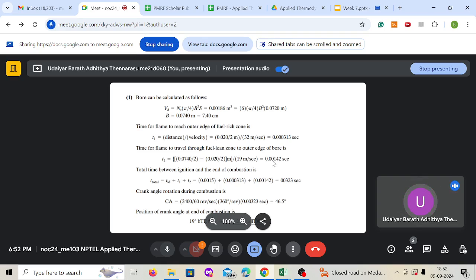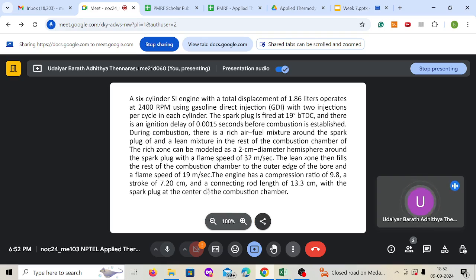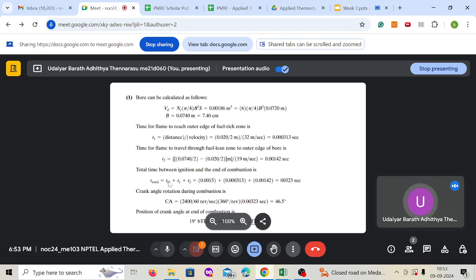Now the total time will be the ignition delay, which is given as 0.0015 second, plus T1 plus T2.